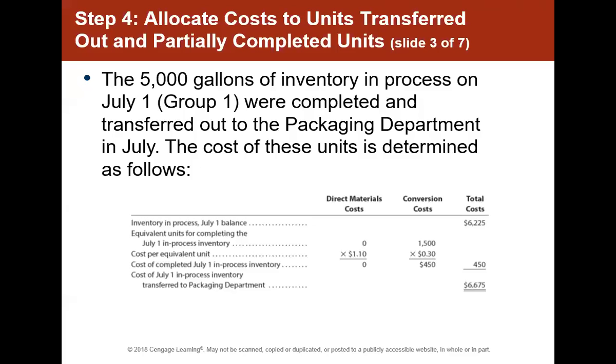It would take another $450 to complete what's in beginning inventory. That's the cost of July 1 in-process inventory transferred to the packaging department. That cost gets transferred out.